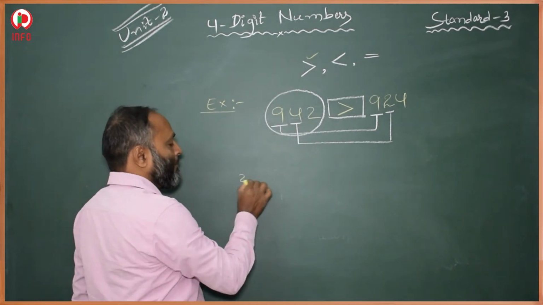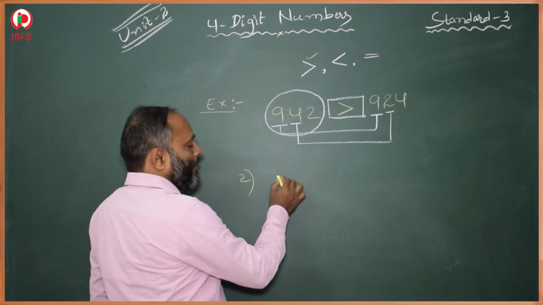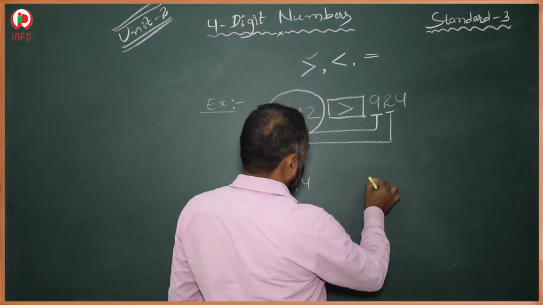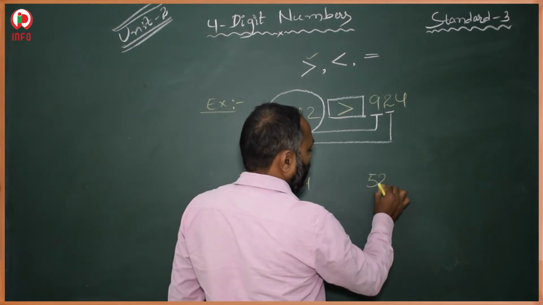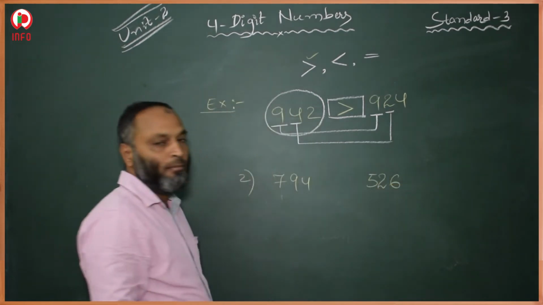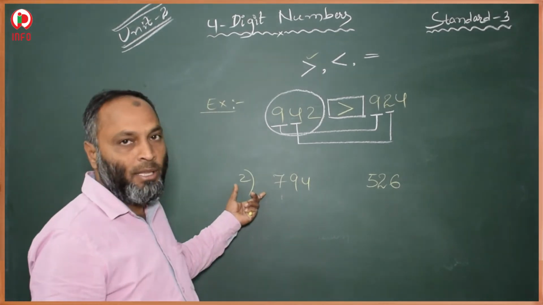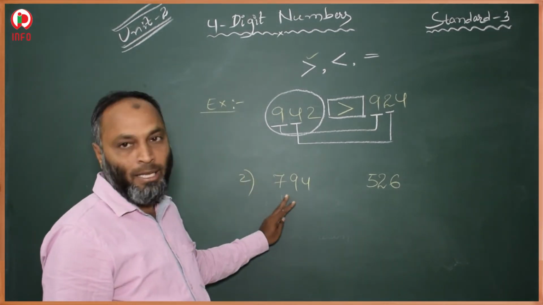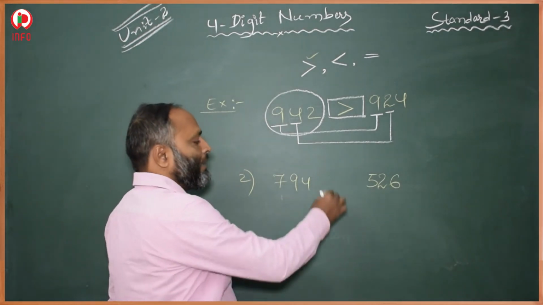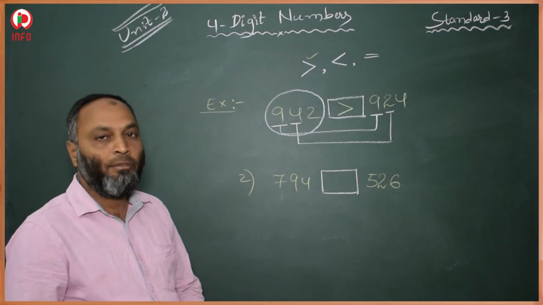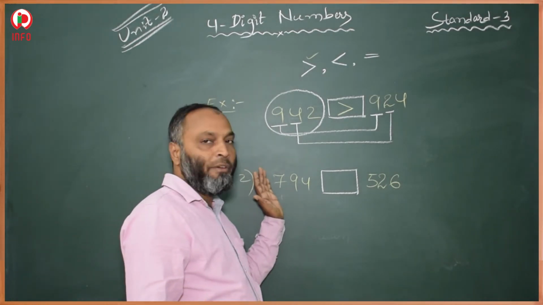Then in the second example, 794 and 526. This is also one of our examples. These are our 3-digit numbers. How to compare? We start from the first, the hundreds place.